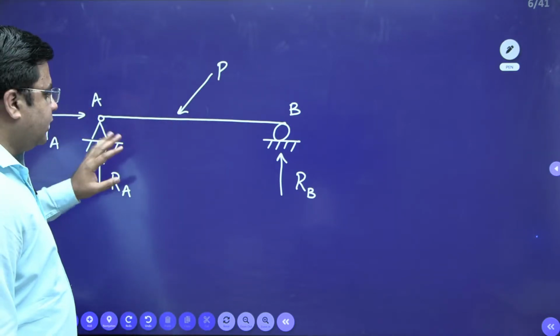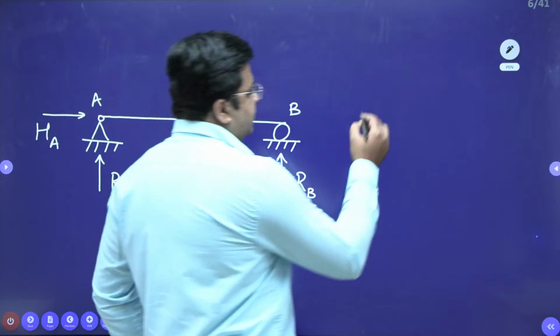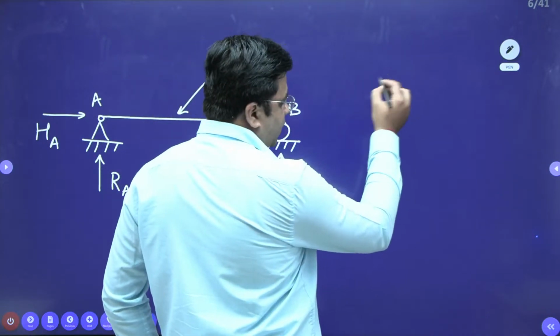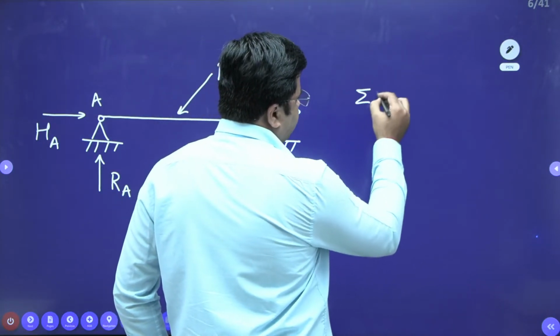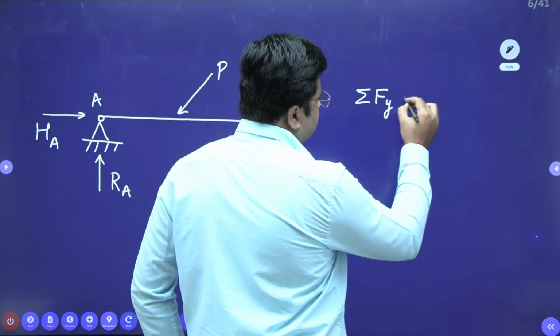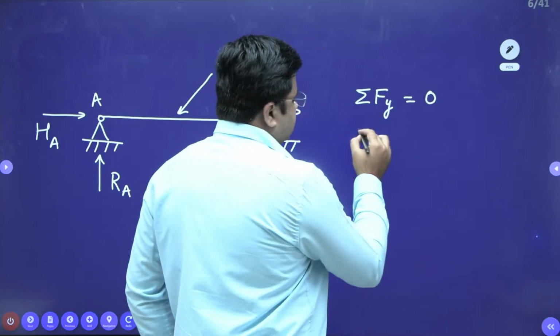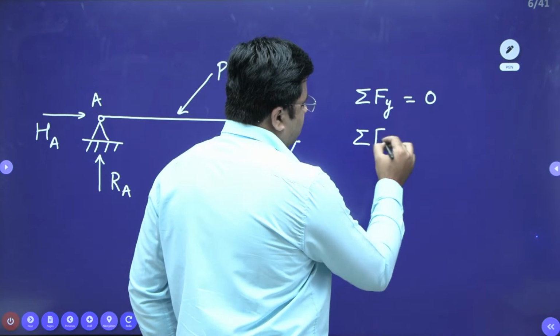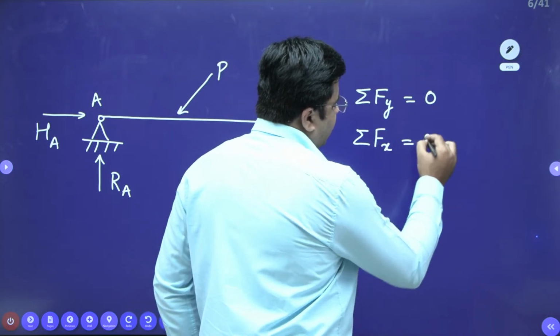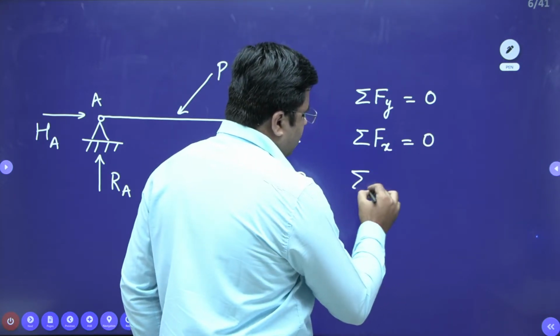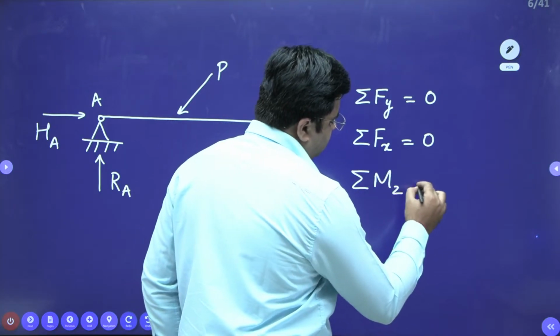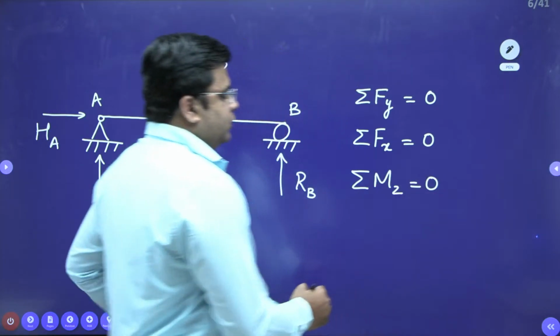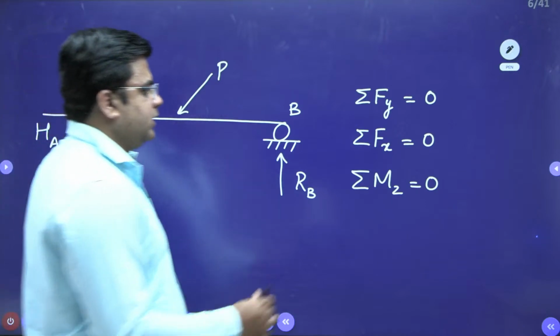Okay. For this type of force system, we basically have 3 equilibrium equations. First is summation of vertical forces to be 0. Second is summation of horizontal forces to be 0. And the third one is moment about Z equals 0. That is the transverse axis, moment about the transverse axis to be 0.